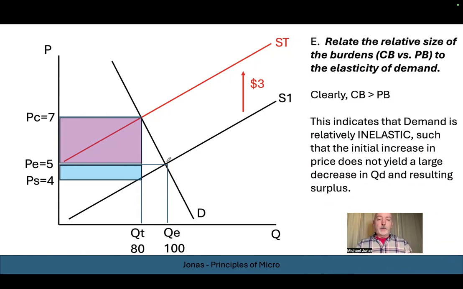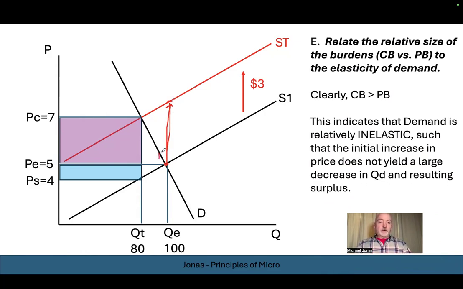So if we go back to the very beginning, right, and think about what happened when that tax was imposed, right, and we start at our original equilibrium here, the seller is experiencing this $3 increase in their cost of production. So they're going to be tempted to just say, well, I'm just going to raise my price by the full amount of that $3 up to this value here.